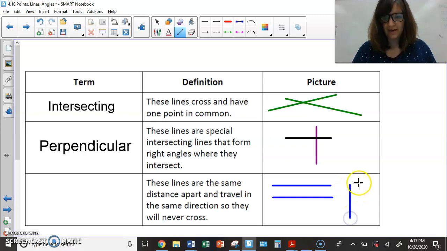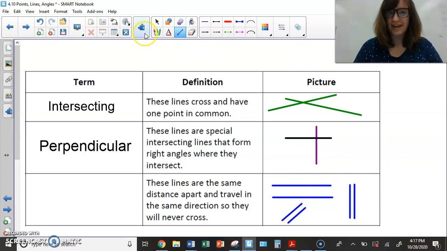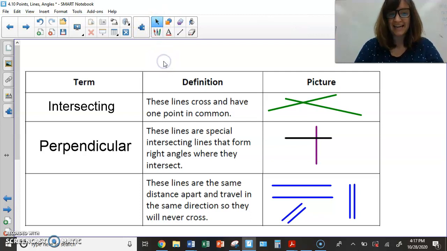I might have them going up and down, okay? Or I might have them diagonal. But when you look at them together and they're a pair, they are parallel, okay? So no matter what is happening, they are never going to intersect at any point.